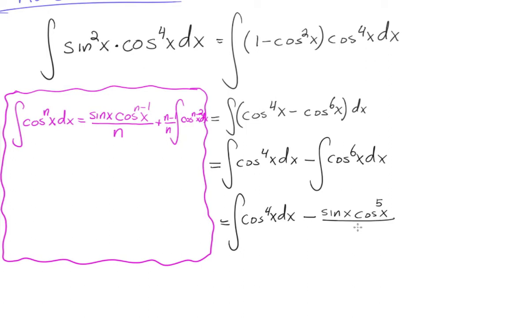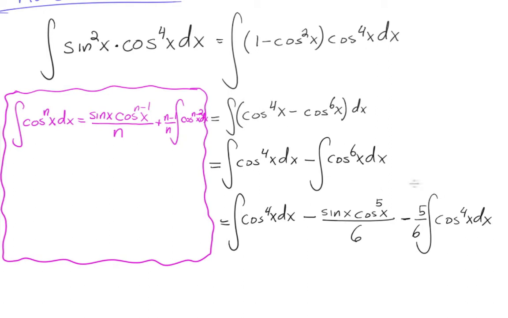And then over n, which is 6. And then minus n minus 1 over n. So that's going to be 5 over 6, the integral of cosine to the fourth x dx.